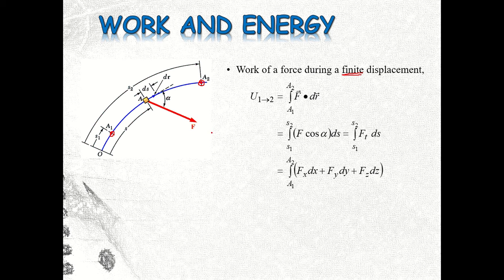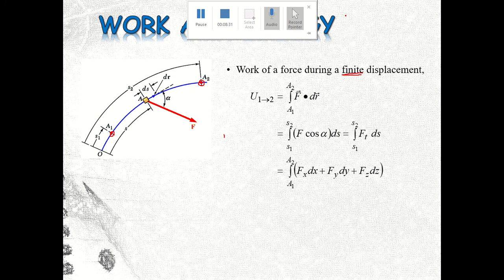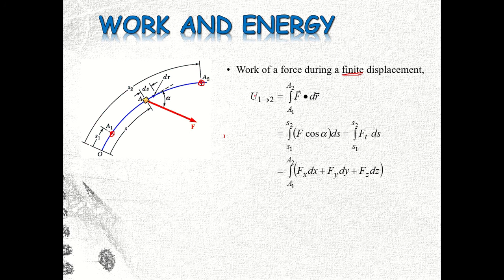We can solve for the work of force, represented as U 1 to 2, meaning from point A1 to point A2, equal to the integral of the vectorial force multiplied by dr.